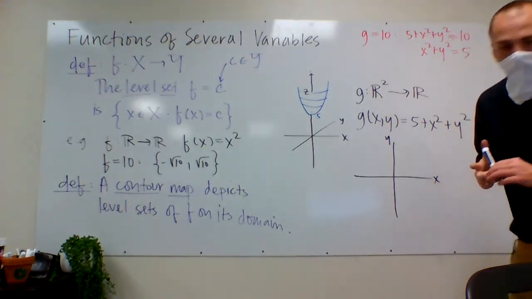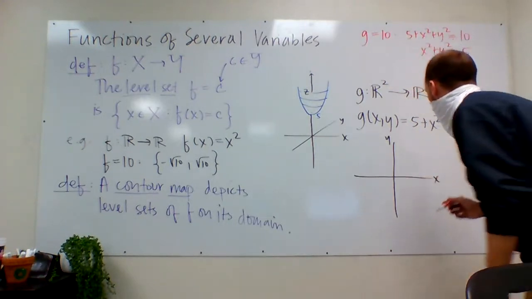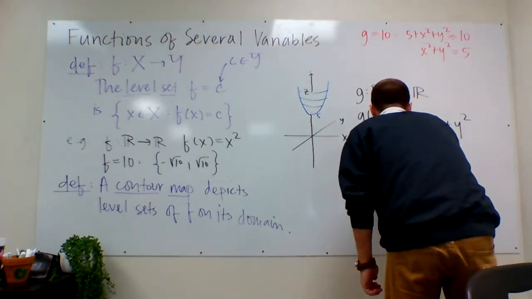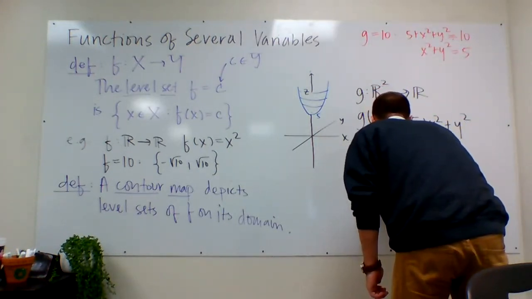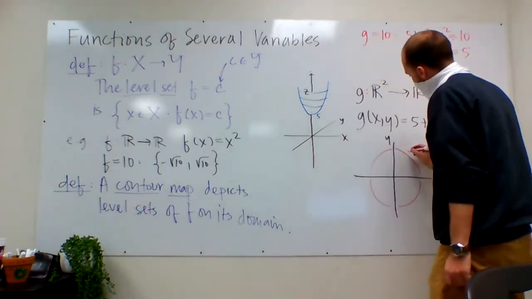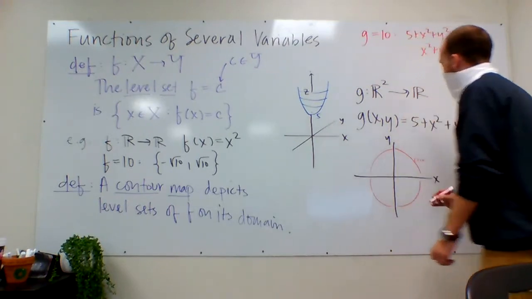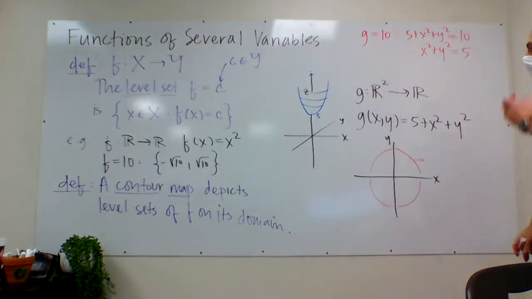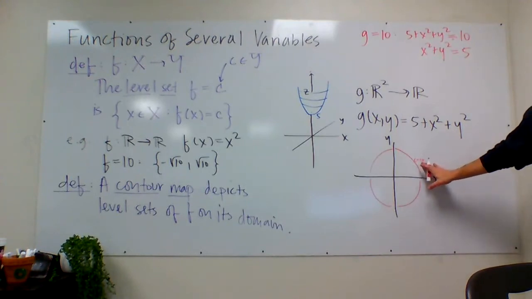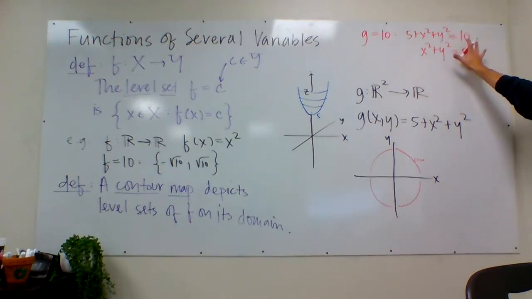It was the circle centered around the origin with radius square root of 5, and this is C equals 10. For different values of C, we'll have different sizes of circle, but they will always be centered around the origin because this calculation is going to go the same way.